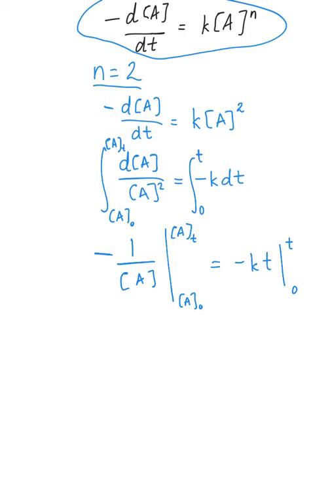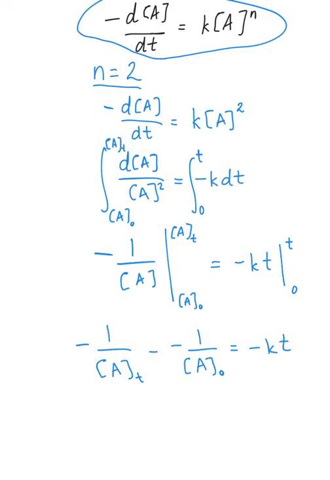Simplifying this a bit further, we get a negative sign out in front of 1 over A at time t minus a negative sign out in front of 1 over A at time 0 is equal to negative kt.